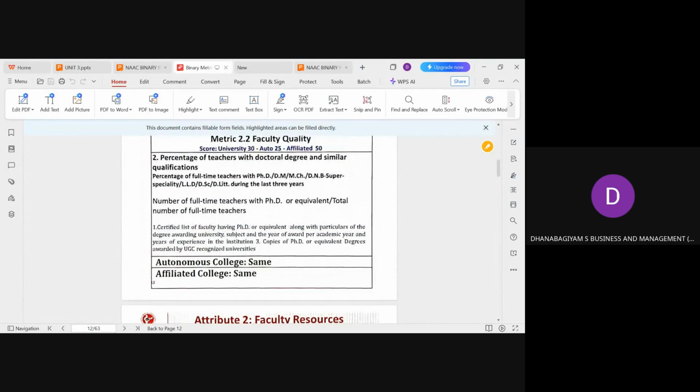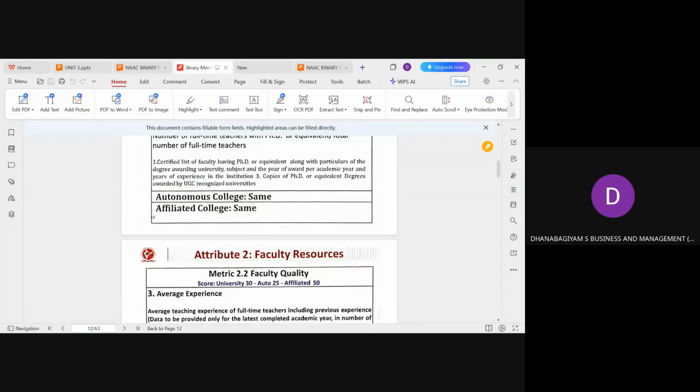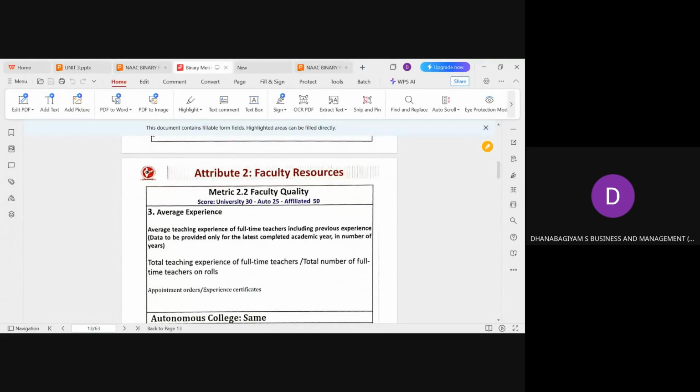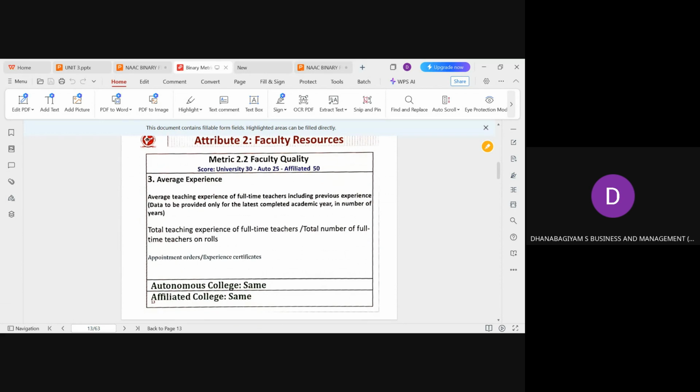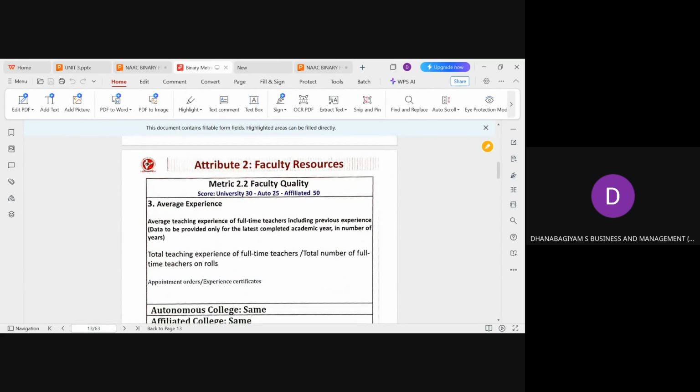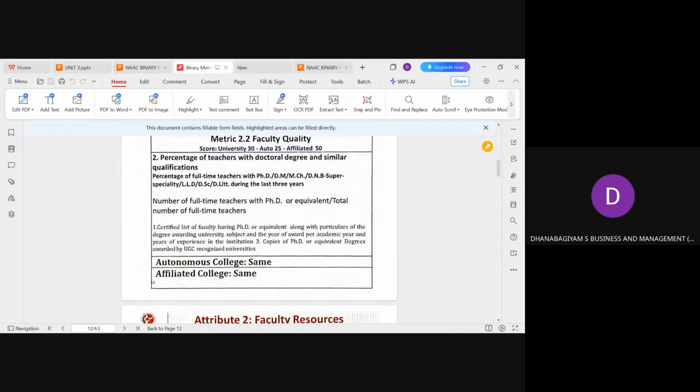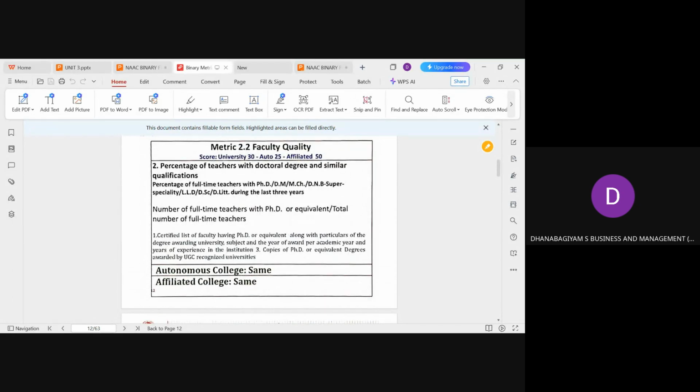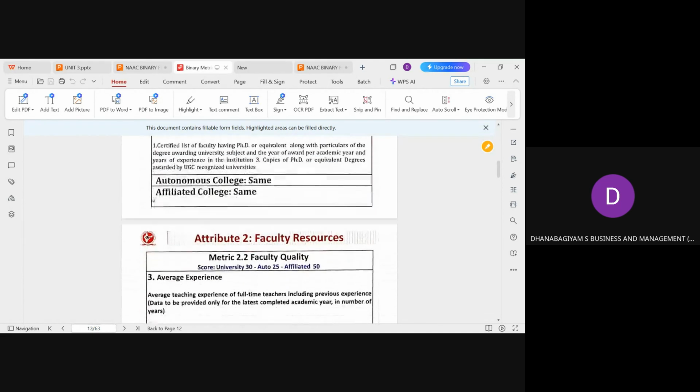So terminal degree is very important. If it is a PhD, it's well and good. We will score more marks. Having a sufficient number of PhD faculty is more and more of an advantage to gain good marks.